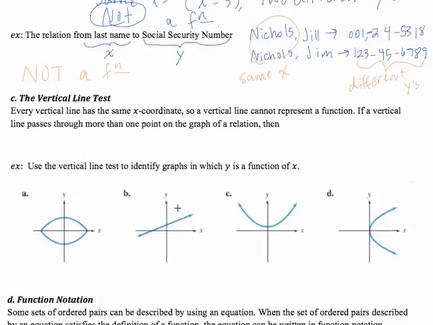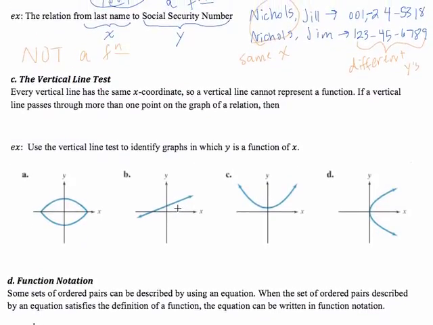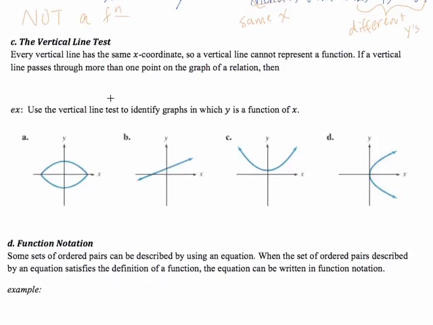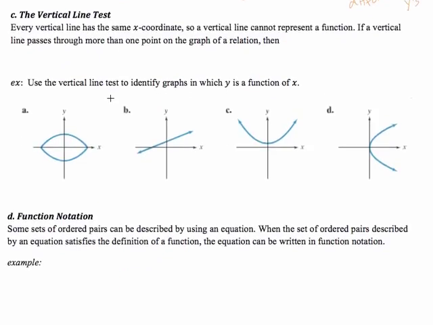If you are presented with a graph of a relation, you can eyeball it and kind of tell if it's a function or not by using what's called the vertical line test. In the vertical line test, you imagine a vertical line, like a ruler, moving across the graph from left to right. So you don't actually have multiple lines. I don't have a good way to, well, actually, maybe I can move this. Let's see.